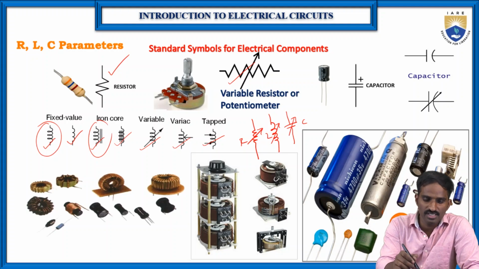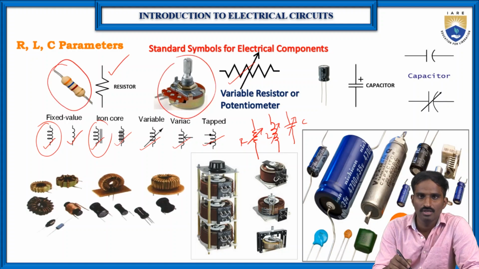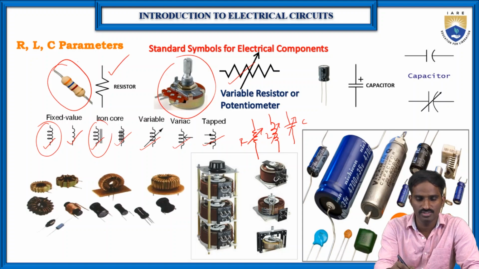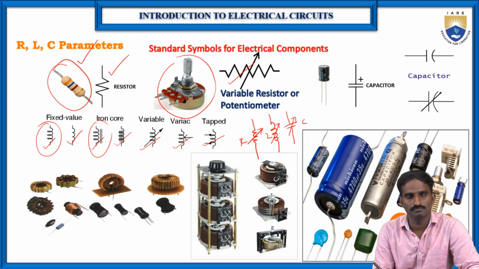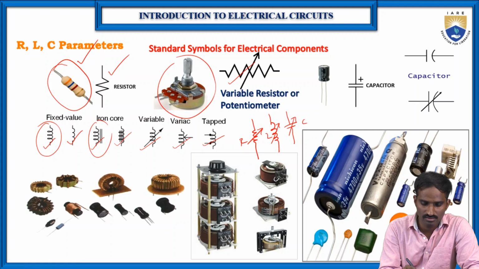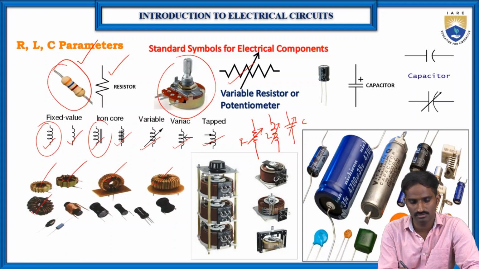So here the physical appearance of the resistors is like this, 1 and 2. You can find these in the electrical circuits laboratory, but mostly we use these kinds of resistors in the laboratory. The inductors also come in various types, which means the coils.